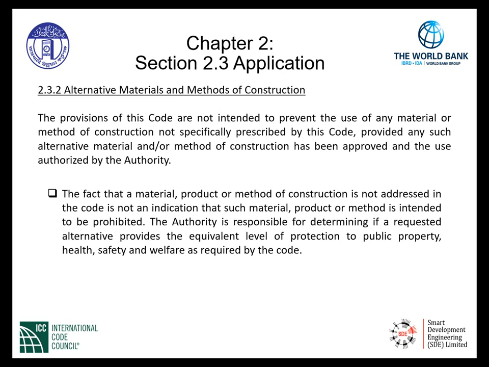The fact that a material, a product, or method of construction is not addressed in the code is not an indication that such material, product, or method is intended to be prohibited. The authority is responsible for determining if a requested alternative provides the equivalent level of protection to public property, health, safety, and welfare as required by code.